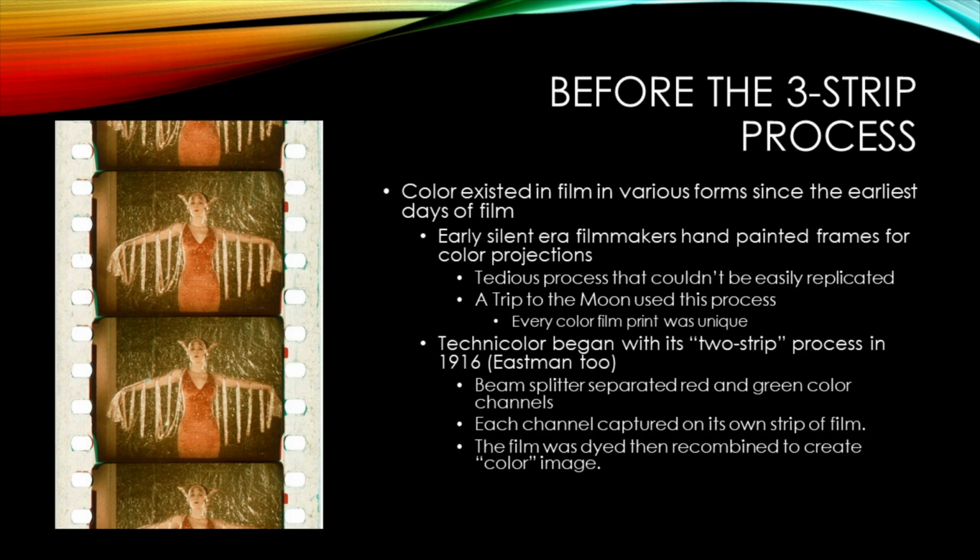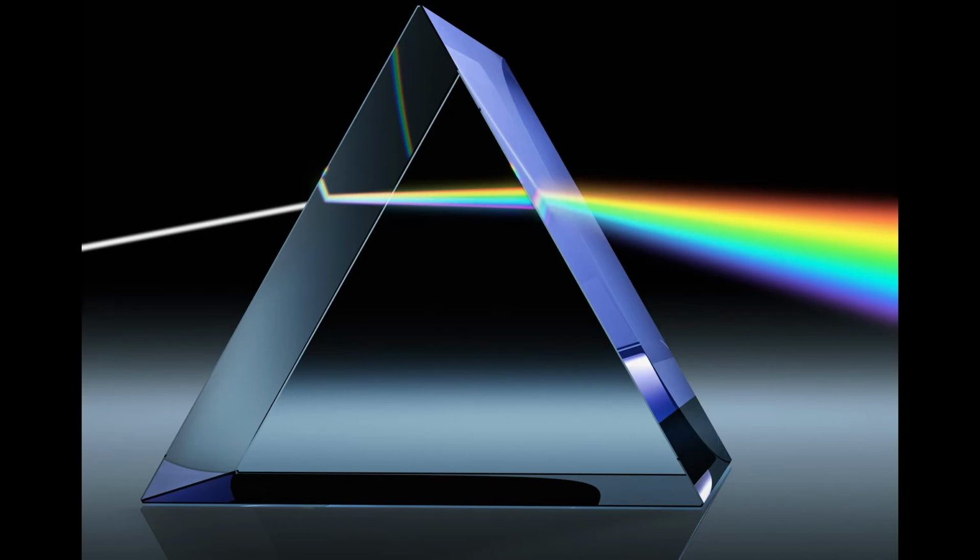So there were two companies that were trying to change that. That was Eastman Kodak, you remember them from the first flexible film, and then Technicolor. And both were using a beam splitter to split color that was received by the camera into different color channels. So if you've ever seen a prism and a light shined at the prism, and then it displays a spectrum of color like a rainbow against the wall, very similar to that, only it's just two colors.